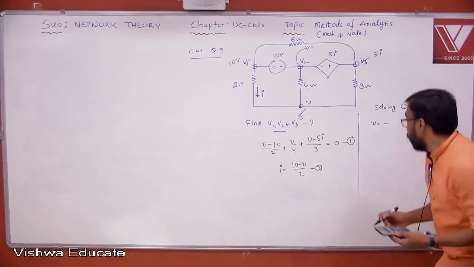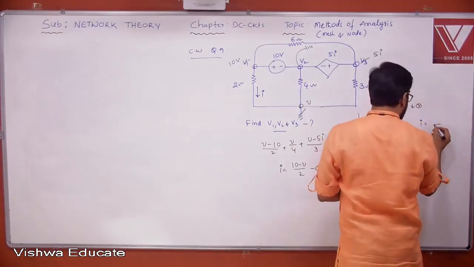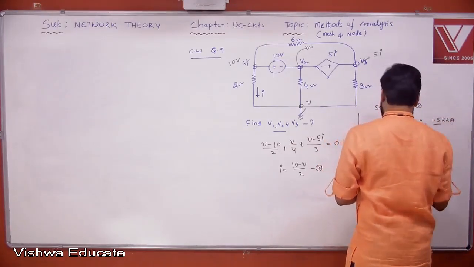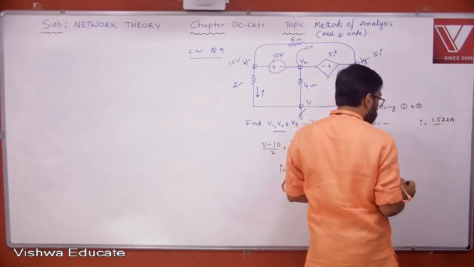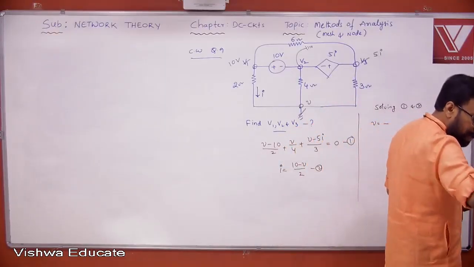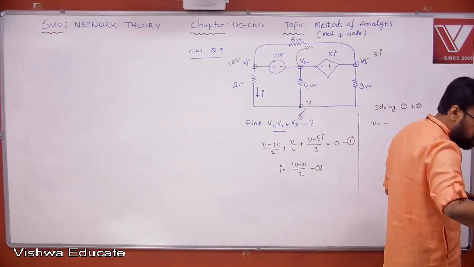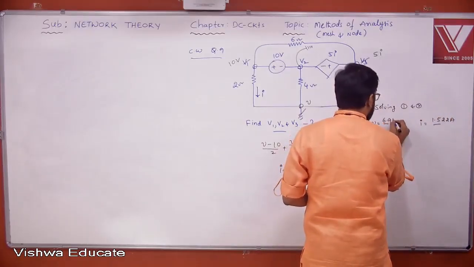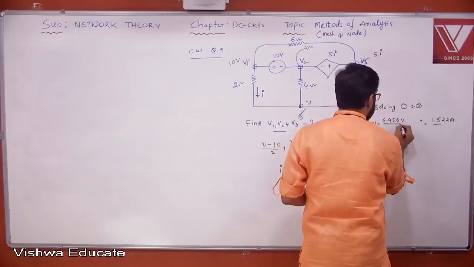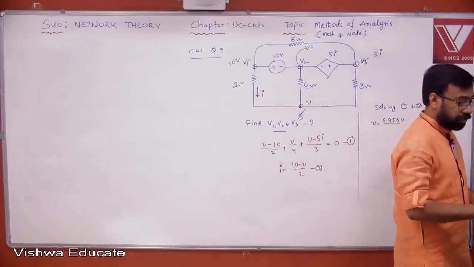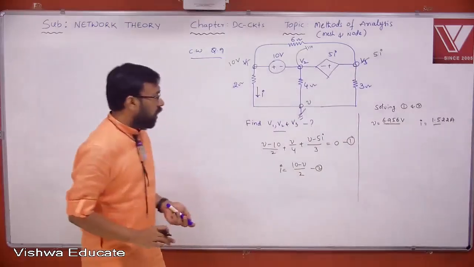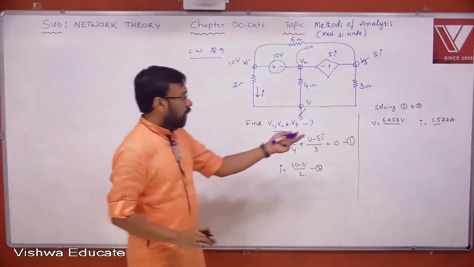Okay. So let me give you the values here. 1.522 ampere current, and this one is, I'll give you the answer here. Please note down. You also cross check once again. 6.956 volts. Understand? After solving equation 1 and 2, you get these two values.